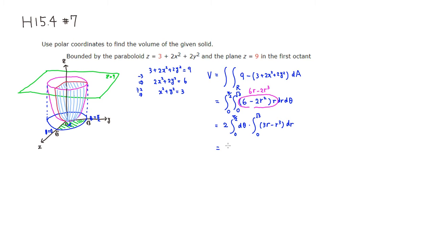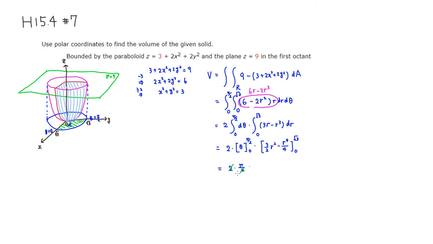So this is 2 times theta going from 0 to pi over 2, times the antiderivative, which is 3 over 2 r squared minus r to the 4th over 4, going from 0 to square root of 3. Plug in pi over 2 and 0, so it's just pi over 2, and we can cancel the 2 and 2 there.